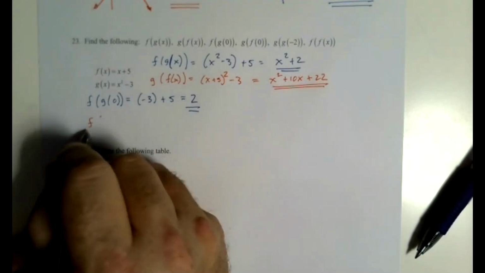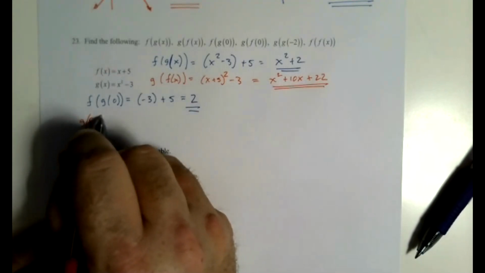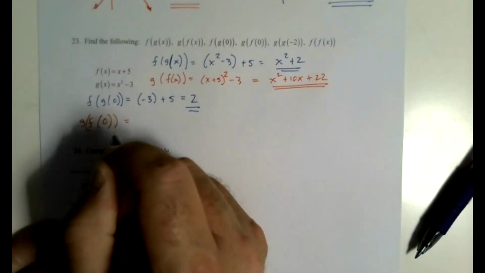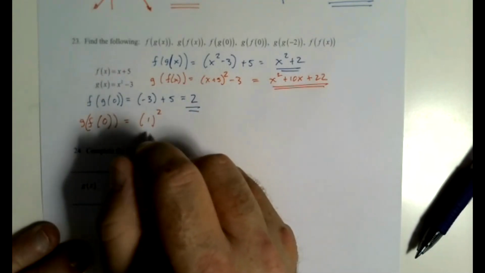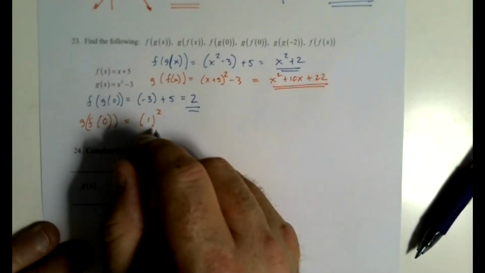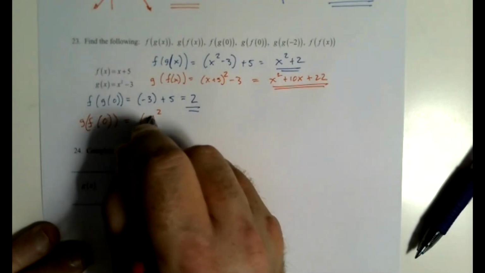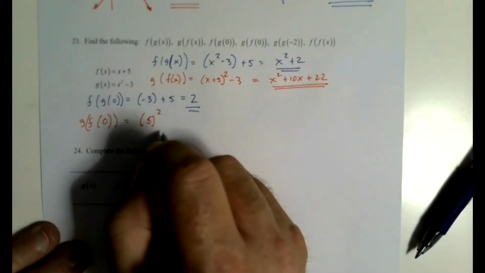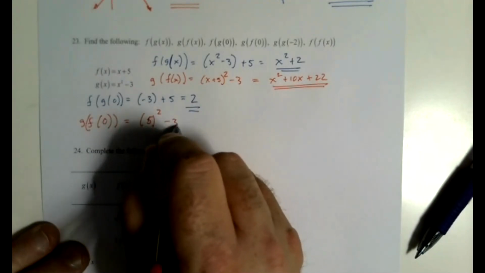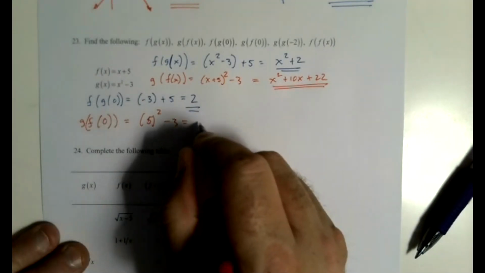F of g of f of 0 equals 1 squared, (5 squared), right, minus 3 equals 22.